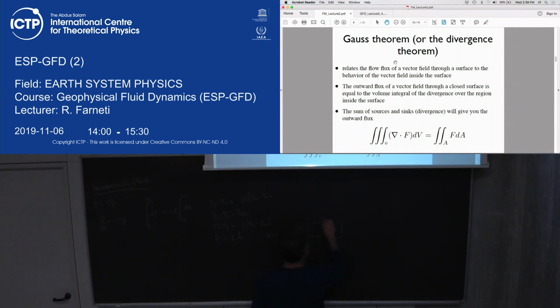So I have P at the atmosphere, and some height going down into the liquid. So Z2 minus Z naught is minus H, and minus and minus make a plus. And H is called the pressure head.